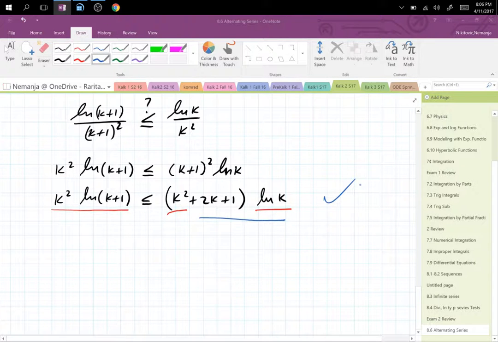but we can do better using derivatives. Remember how when you have ln k over k squared, if I am able to show that the derivative is negative forever, so I move this into ln x over x squared, and I take the derivative of it.